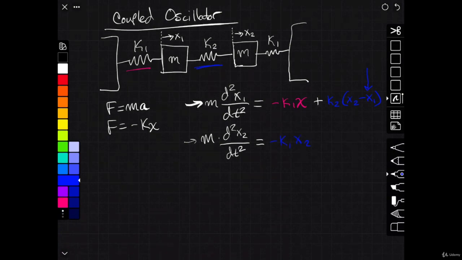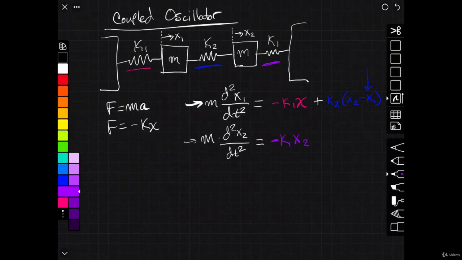You displace it, and this k1 here, or actually perhaps I should give this another color, minus k1 x2. We have a force in this direction as this is displaced to the right a value of x2.